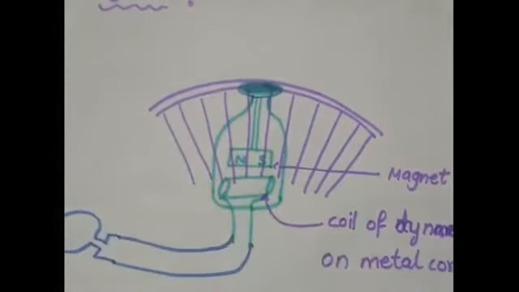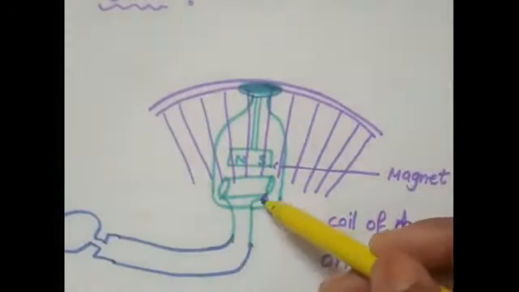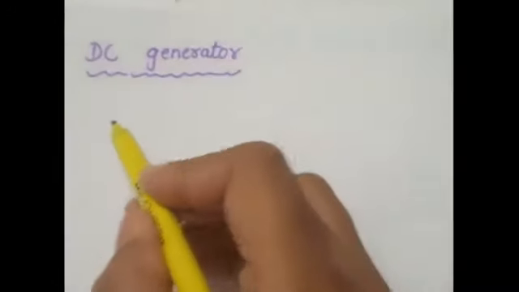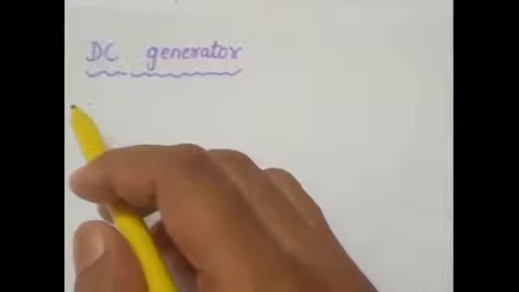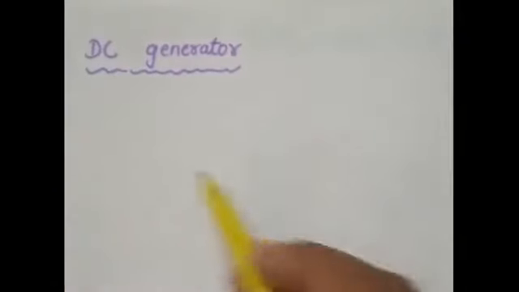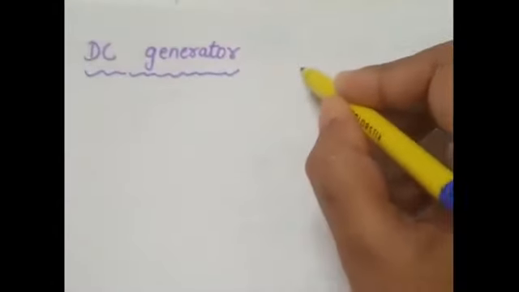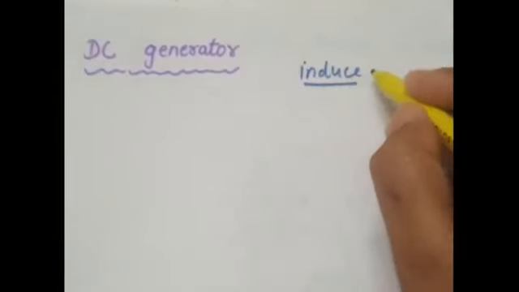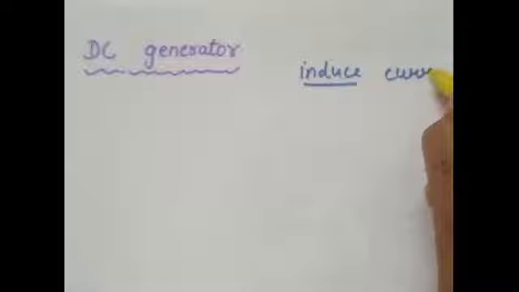But let us see how the current is induced in the coil. Dear students, we know that magnetic flux should be varied in order to induce current in the circuit. So the main purpose is to induce the current in the circuit.